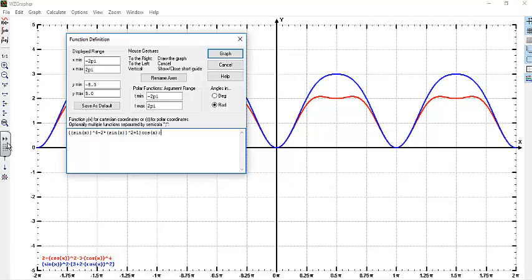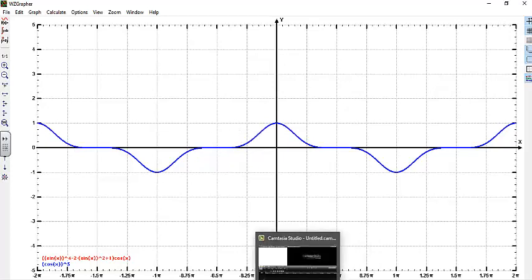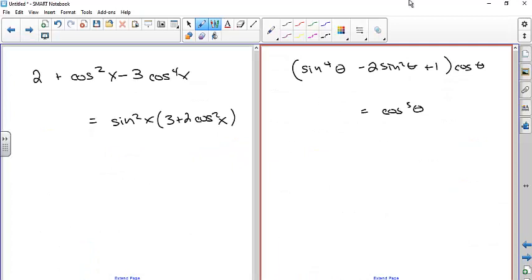So that's one function. Then I have the cosine of x to the fifth power. And you can see, I just see one curve. So it plots the red curve, and then it puts the blue curve over top of the red curve. So that is true. Now we can go back here and try to prove that it's right.